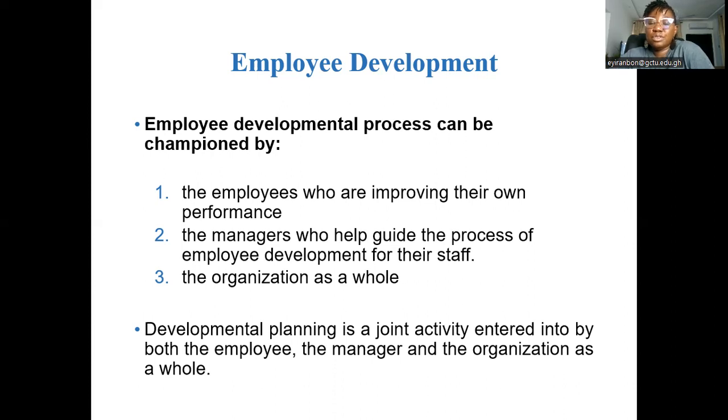You would need to be involved, and you are able to champion the development of the employee. So developmental planning is a joint activity, as we can see, and it is entered into by the employee, the manager, and the organization as a whole.